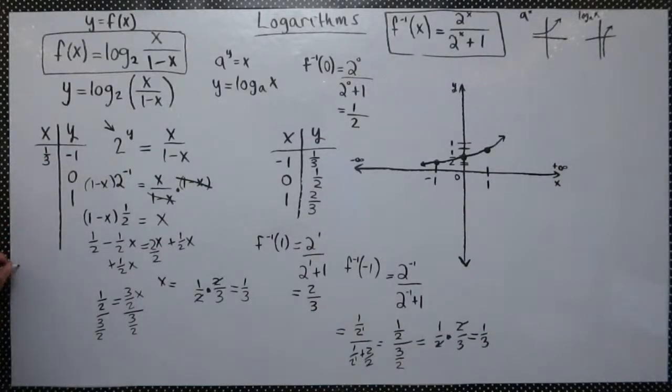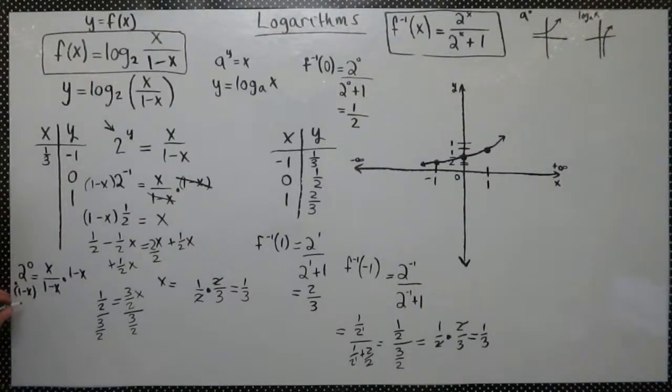So 2 to 0 equals x over 1 minus x. 1 minus x times 1 minus x.